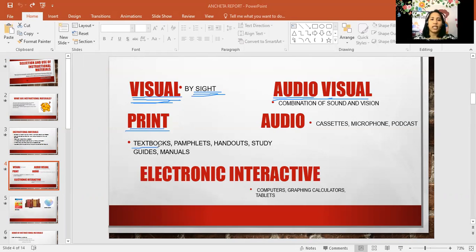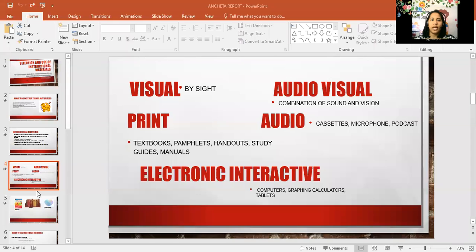Next is the print. It includes textbooks, pamphlets, handouts, study guides, and manuals. Okay, audio, for itself only: cassette, microphone, and podcasts. We also have the electronic material, electronic interactive, like the computer, graphing calculators, and also tablets that we use in the teaching learning process.